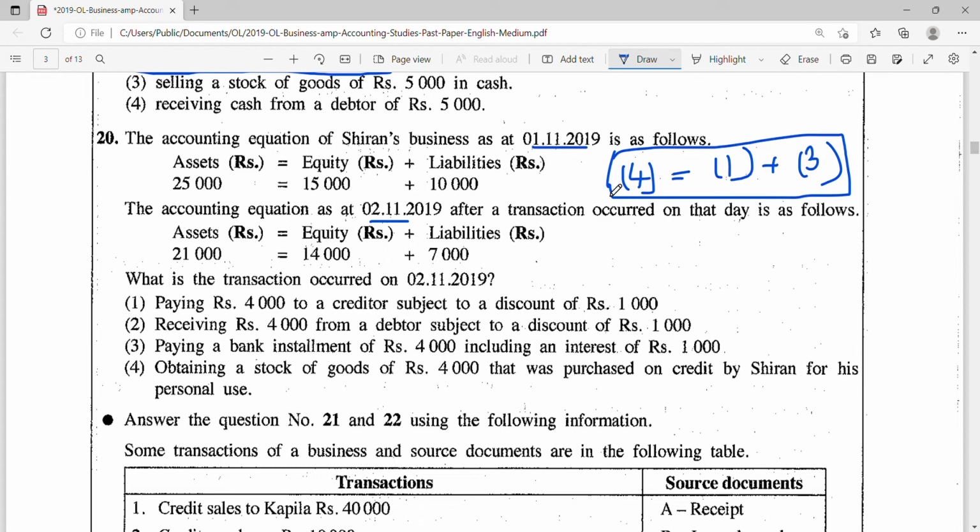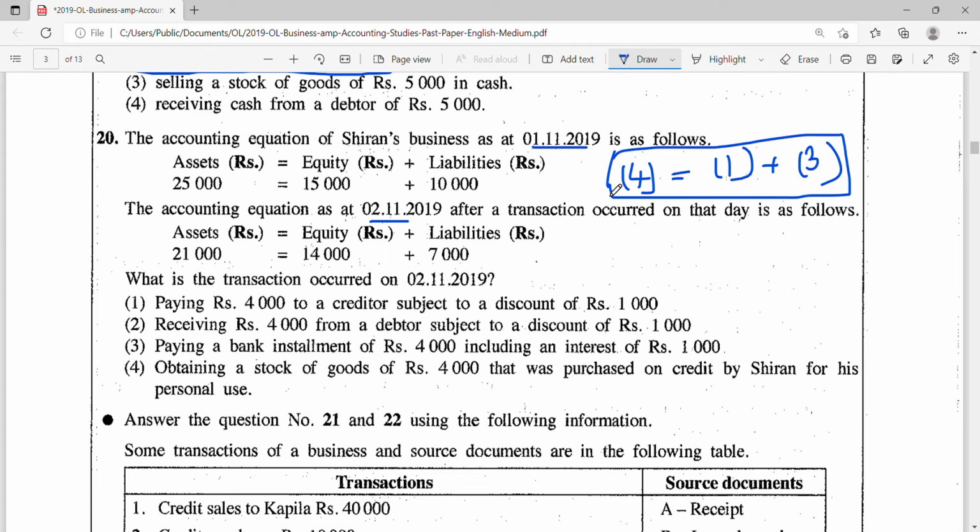Paying rupees 4,000 to a creditor subject to a discount of 1,000. Now, yes, if you paid a creditor, liability will reduce and they have given you a discount, that will be an income for you. But here the reduction in liability is 3,000, not 4,000. Your liability should reduce by the entire liable amount, which is 4,000.